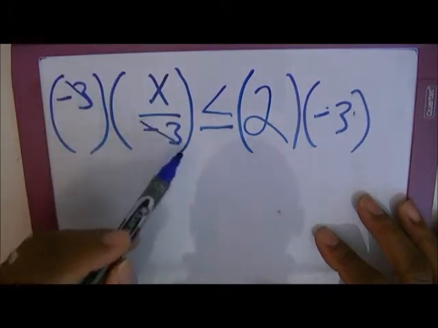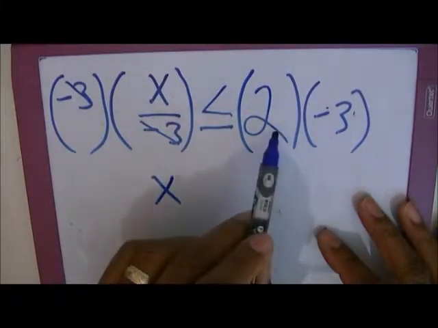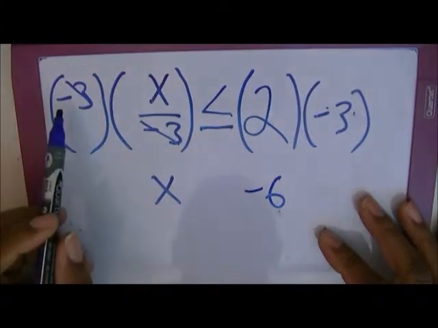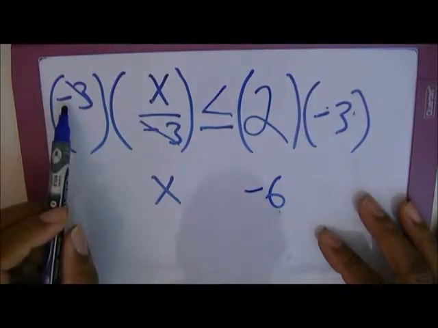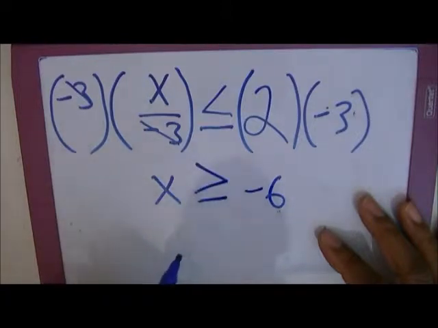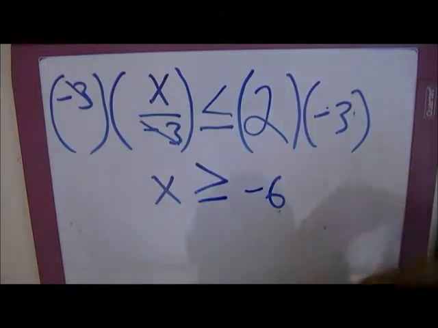That cancels these here, and so I'm left with x. I have 2 times negative 3 is negative 6. And again, because I multiply by a negative number, I have to switch the direction of the inequality. So it becomes x is greater than or equal to negative 6.